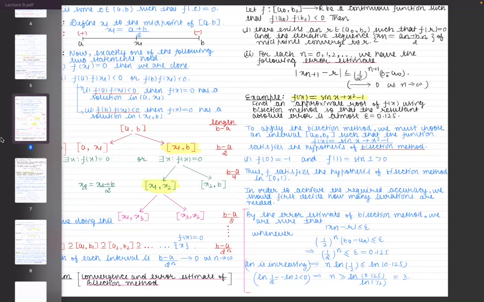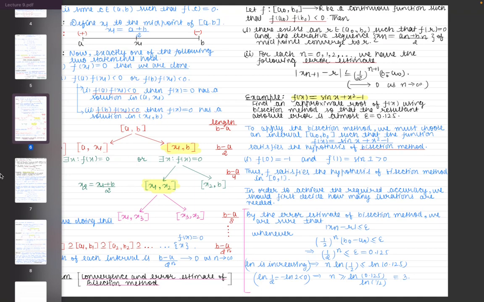Let f be a continuous real valued function on a closed interval a naught comma b naught, such that f of a naught times f of b naught is negative.